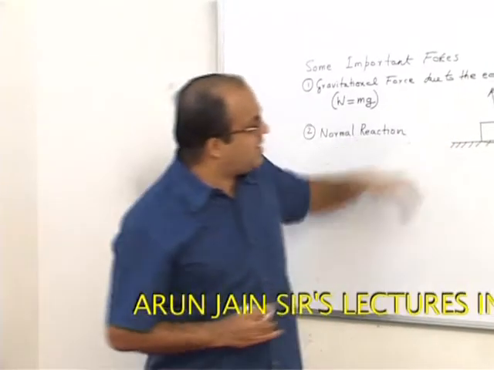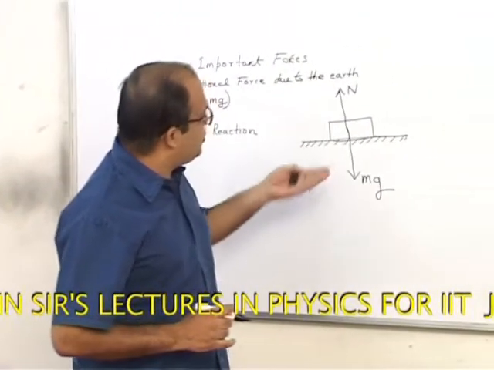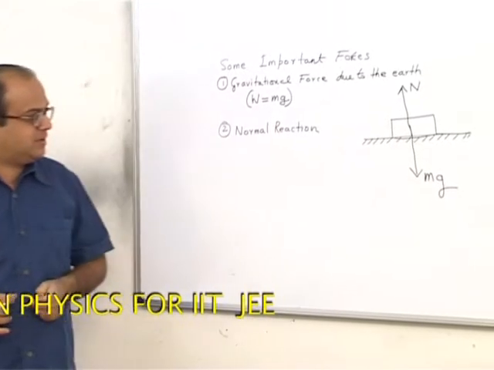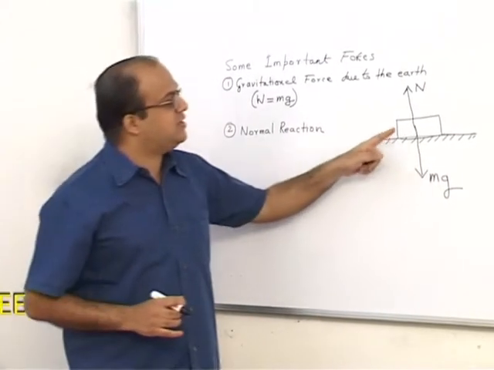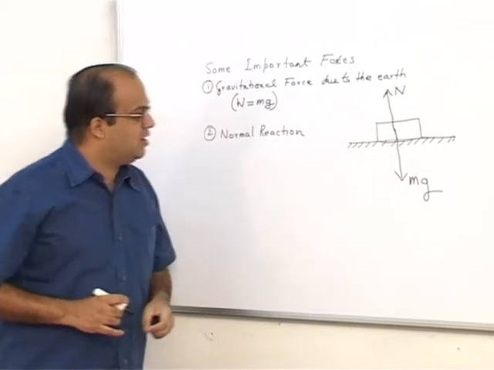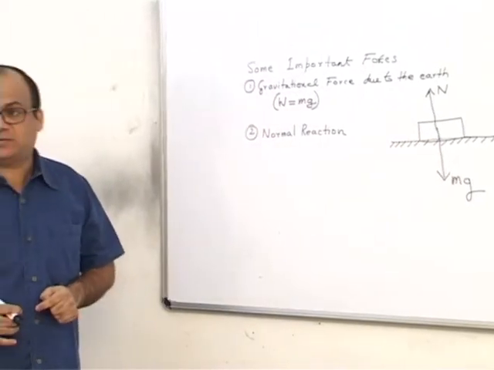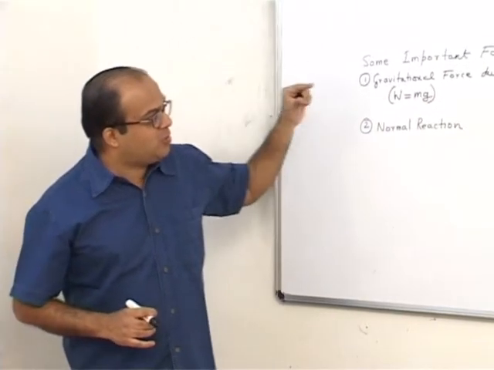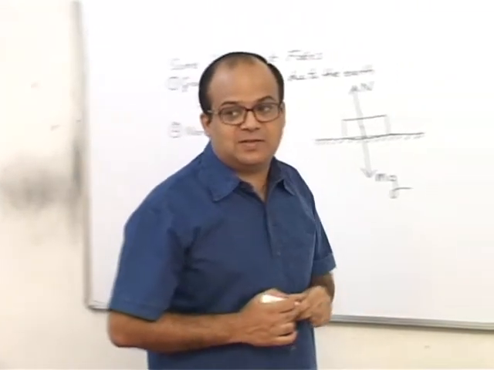The table does not like this deformation, so it wants to regain its original shape. Therefore, it pushes on the duster with an exactly equal force, equal to the weight of the duster. This is how normal force acts.